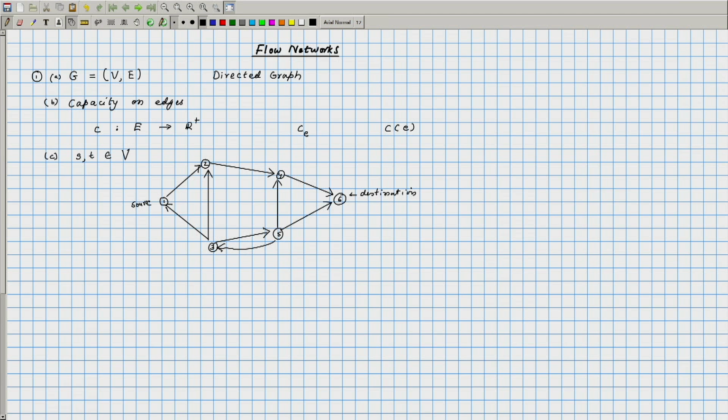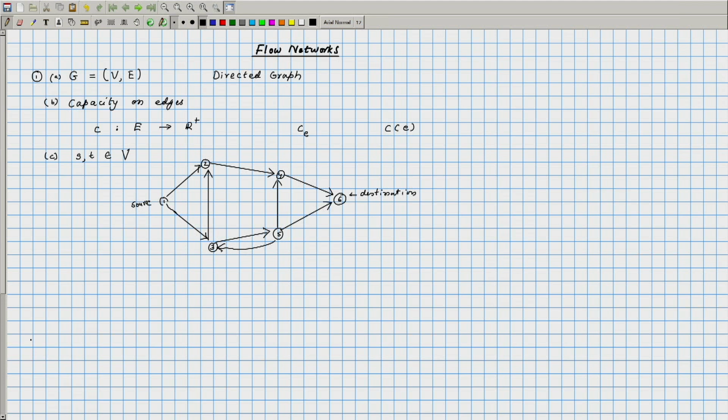We will further assume that all the edges that involve the vertex s are outgoing edges. So, there would be a small trouble in this particular diagram. In particular, the (3, 1) edge is an incoming edge at vertex 1. So, we will assume that there are no such edges. These edges would be outgoing edges.